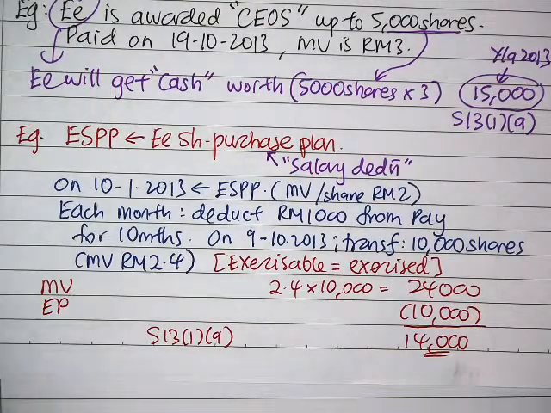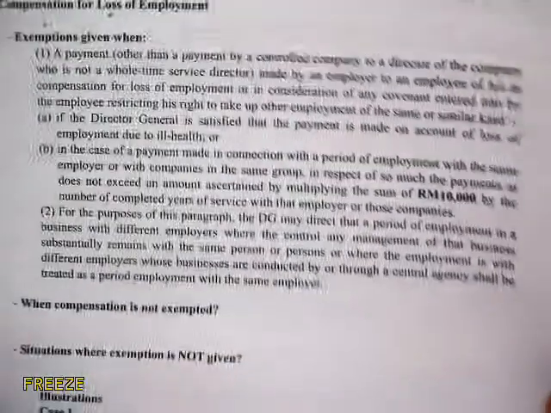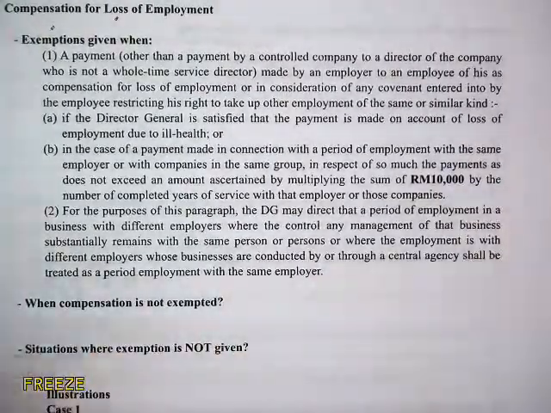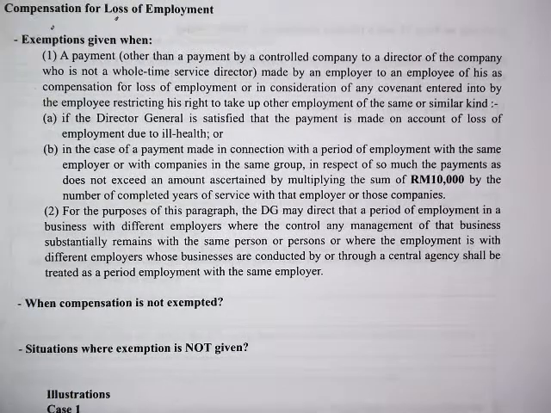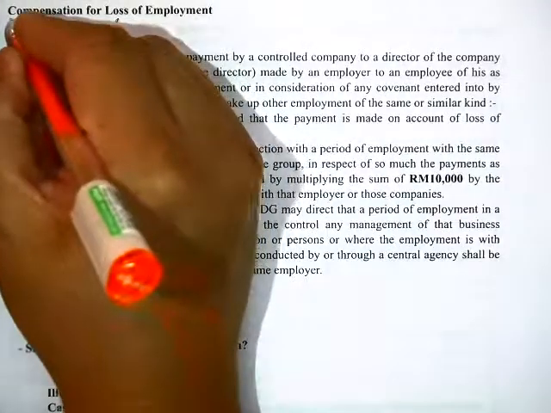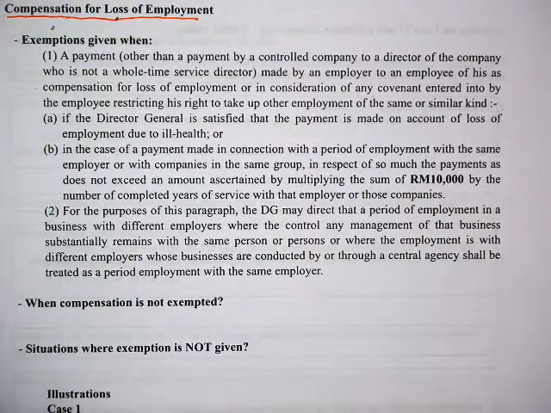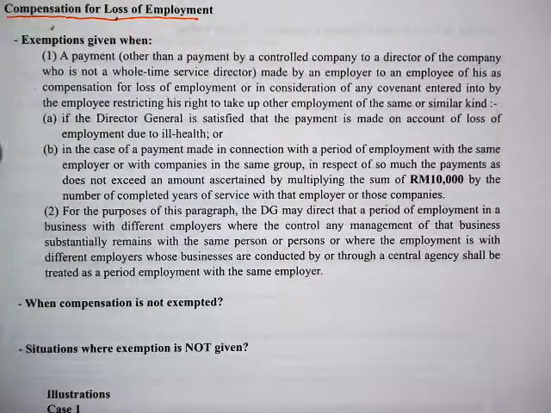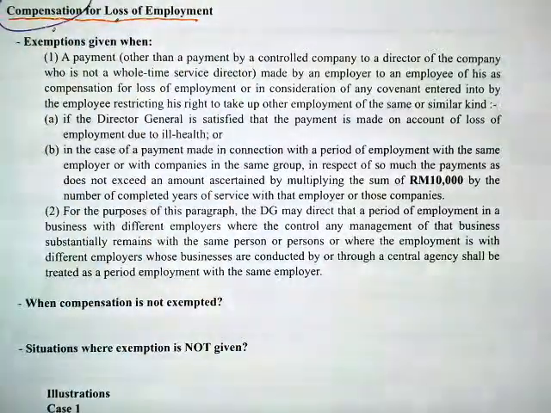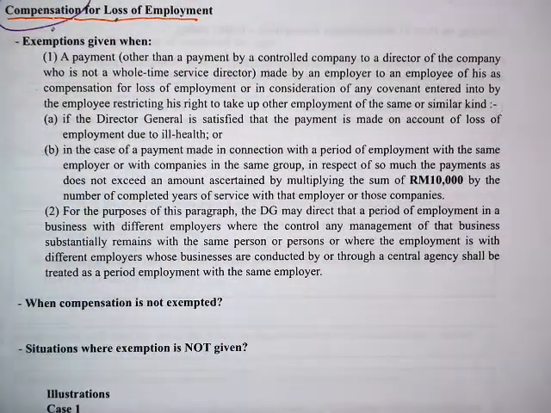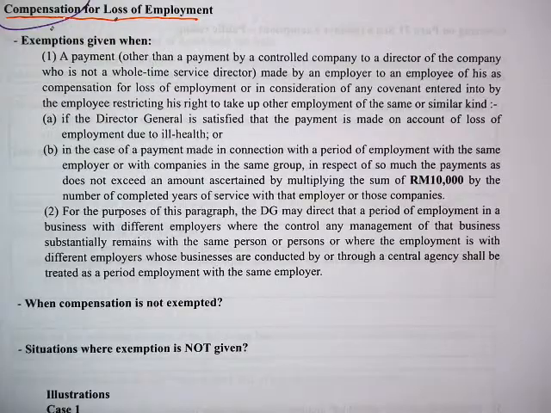Okay, now we move on and look at 13(1)(e), sorry. Okay, now take a look at compensation for loss of employment. Now, when there's a loss of employment, the amount that you receive being a form of compensation, exemption can be granted in these cases.